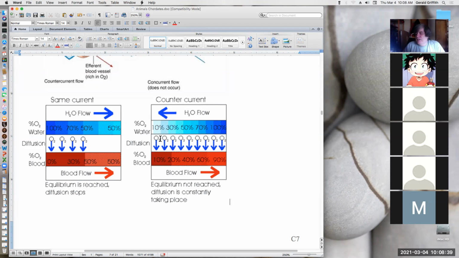If we look in your kidneys, this same type of countercurrent flow allows animals to make urine that's very concentrated. So they don't lose a lot of water in their urine, they don't get dehydrated, but they can eliminate a lot of waste products in their urine.